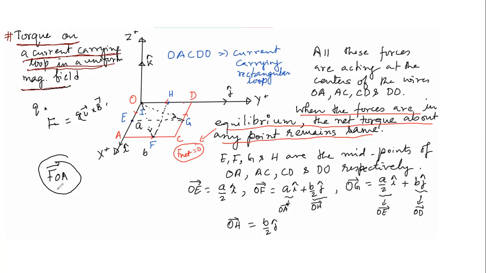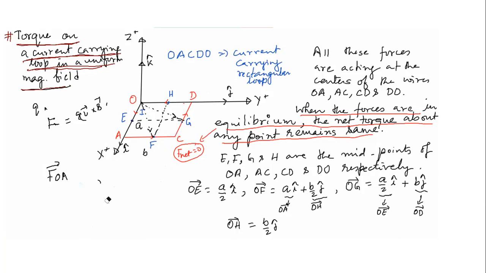This force acts at the midpoint of the arm OA. Similarly, the force on AC acts at the midpoint, that is at the point F of the arm AC. That is the meaning.